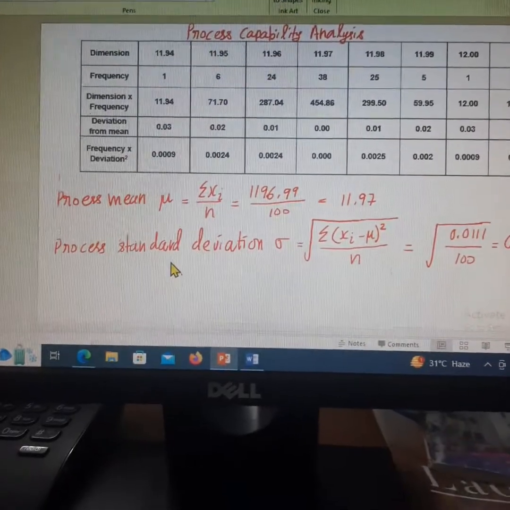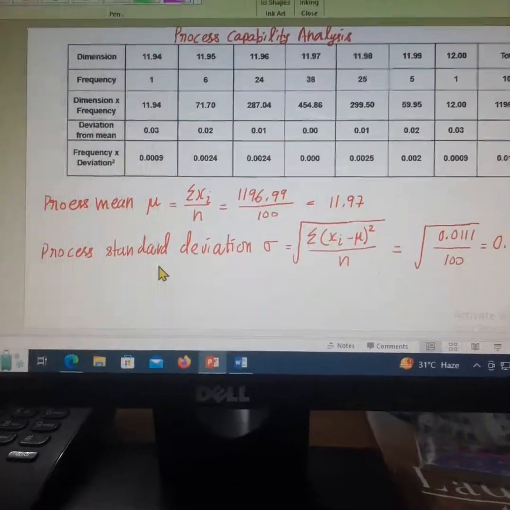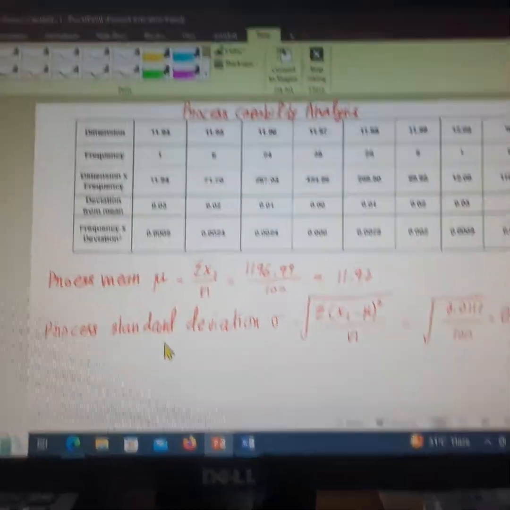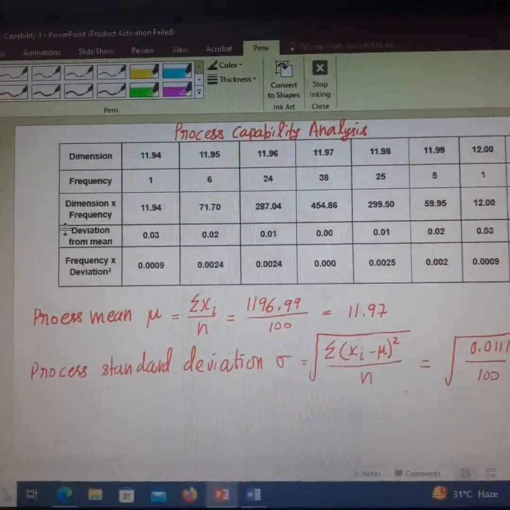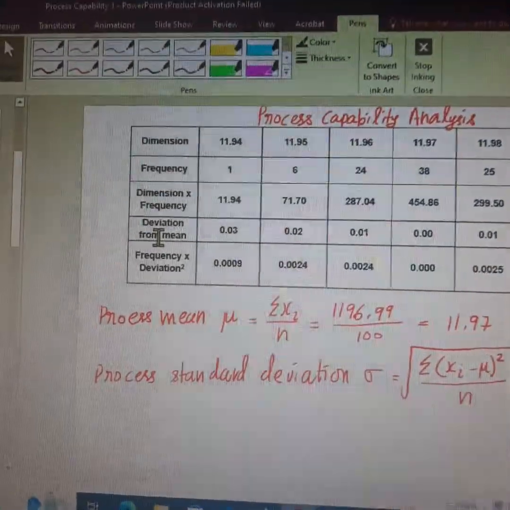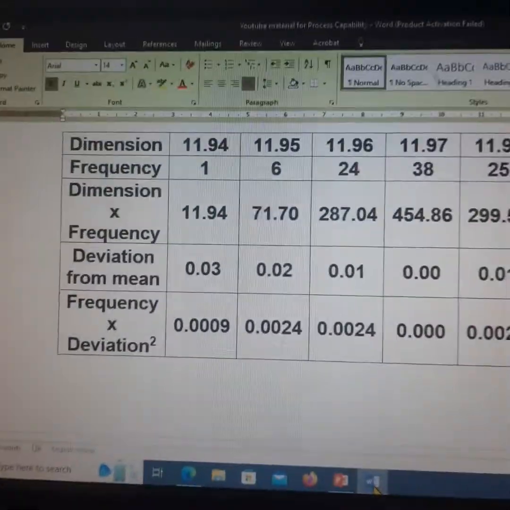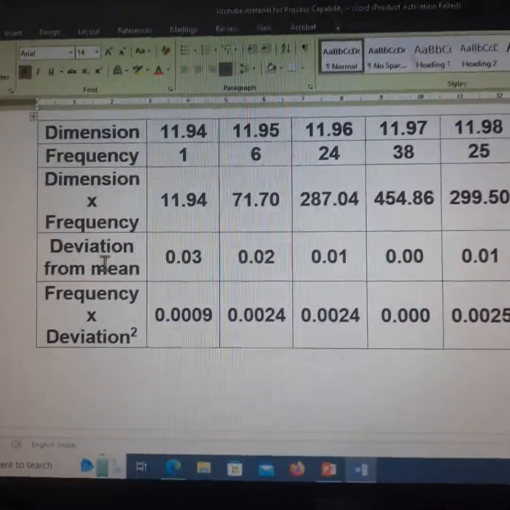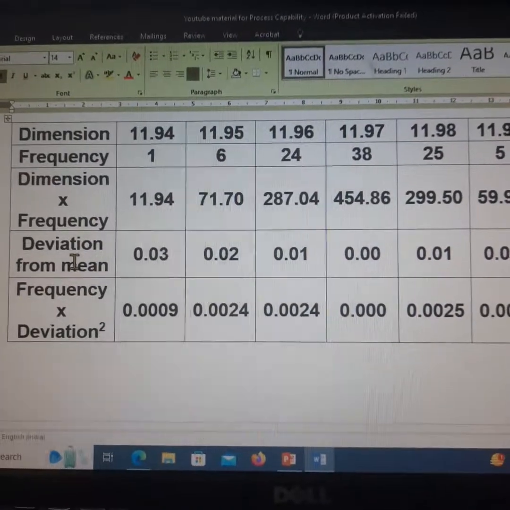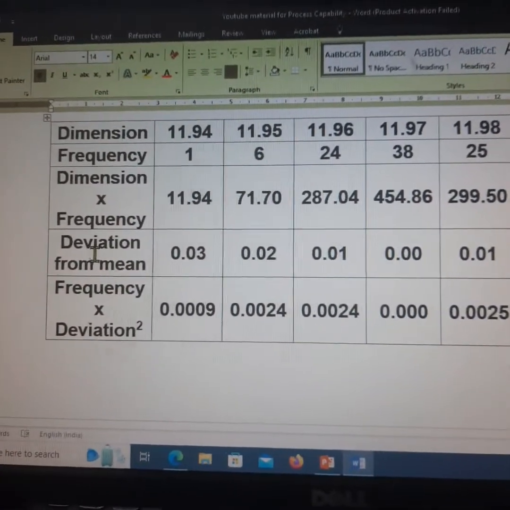The process standard deviation we have to find again from the table. Now 2 more rows are added. The fourth row is the deviation from the mean value.